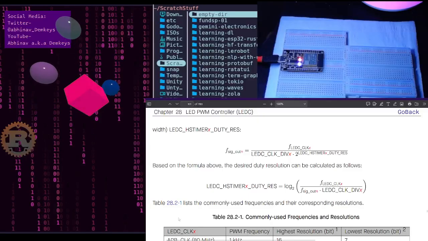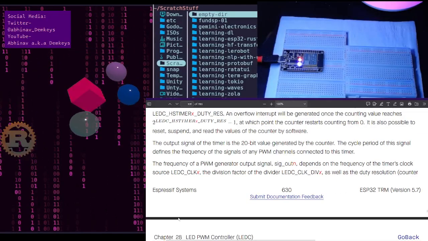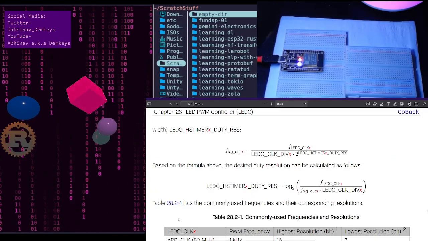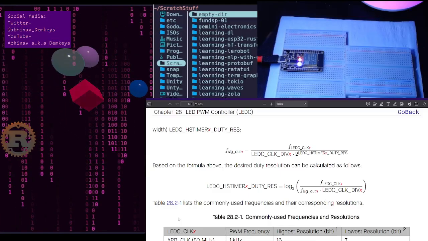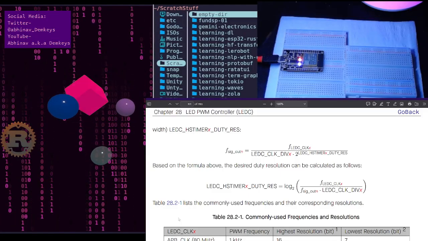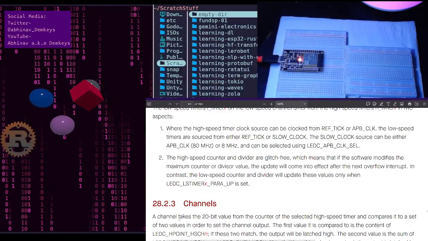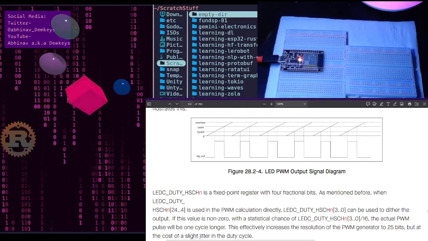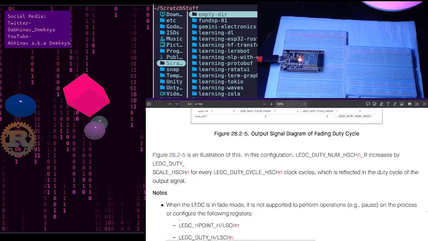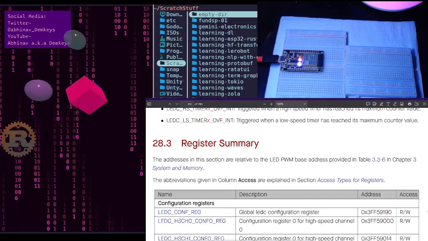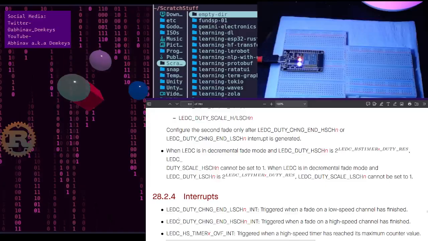I would still try and understand the math behind it, but we might not really need to do the math each time. Probably not. Then we have the channels. Yeah, okay. So there's a lot for us to explore here.